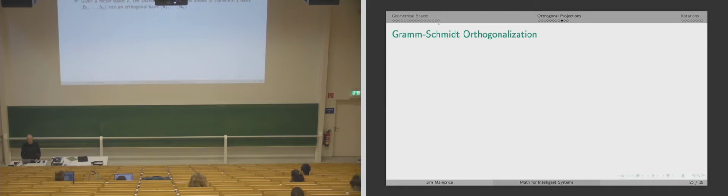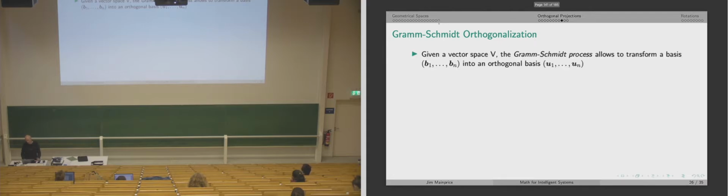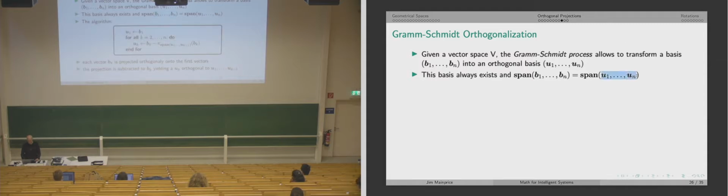So here, in the couple of slides that remain, there's an algorithm that allows us to transform an arbitrary basis for a vector space into an orthogonal basis. This always exists, and the span of that new basis, the basis U here, is the same as the span of the original basis.